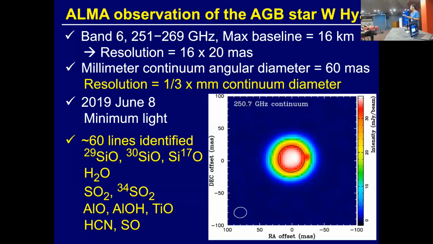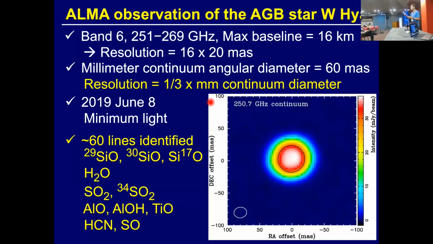And this is the continuum image that we got at 250 gigahertz, and the black circle shows the fit to the continuum image with a diameter of 60 milliarcseconds. And the white ellipse here is the beam size. So the resolution is about 3 times finer than the stellar surface. In other words, we can really resolve the stellar surface.